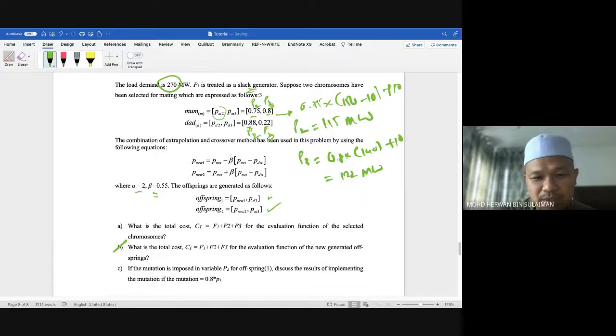So to get P new, P mum is 0.75 minus beta 0.55 times P mum 0.75 minus P dad 0.88. So you get 0.75 minus 0.88, negative, times 0.55.